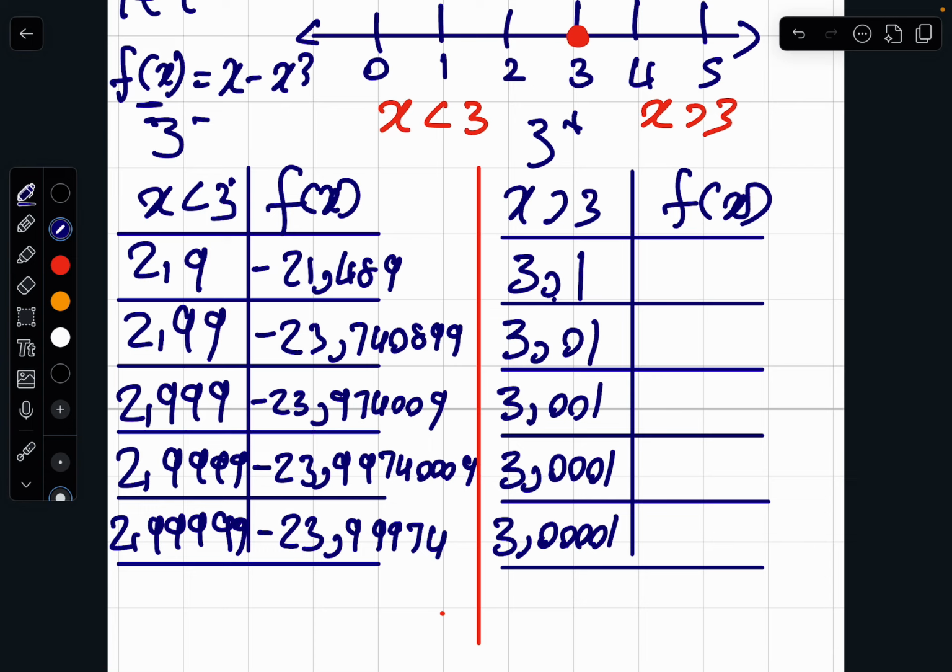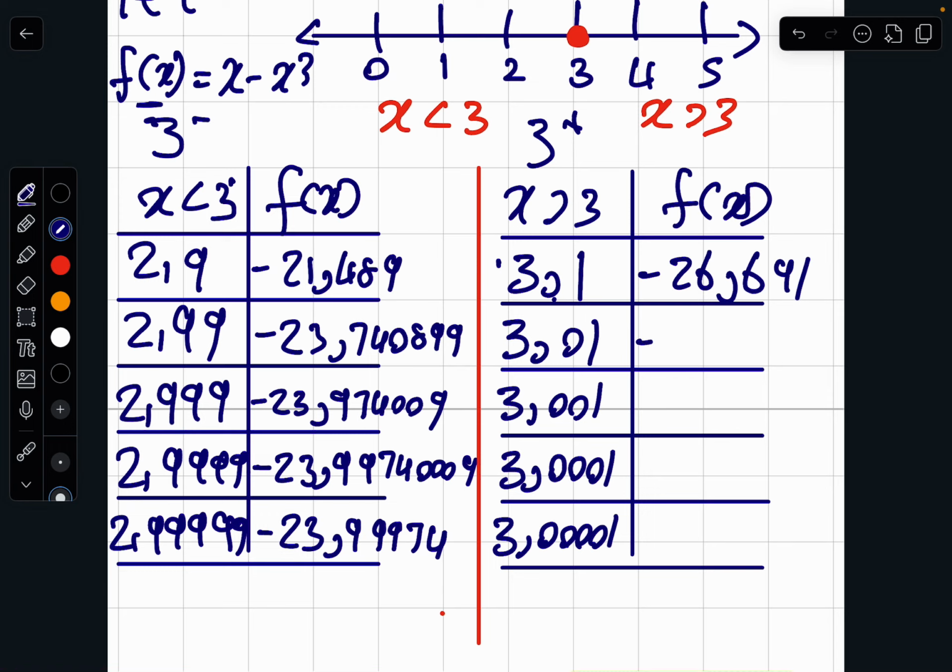So let's go that side. You're going to substitute 3.1. You're going to have 3.1 minus 3.1 all cubed. Meaning you are going to have negative 26.691. Then you substitute 3.01.